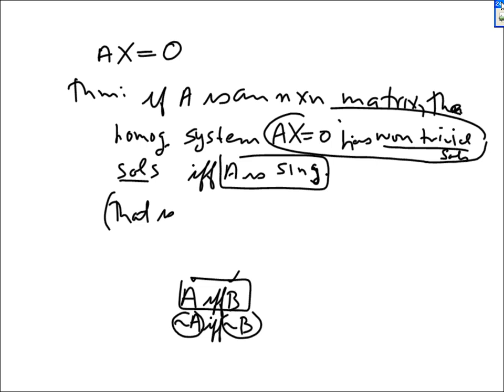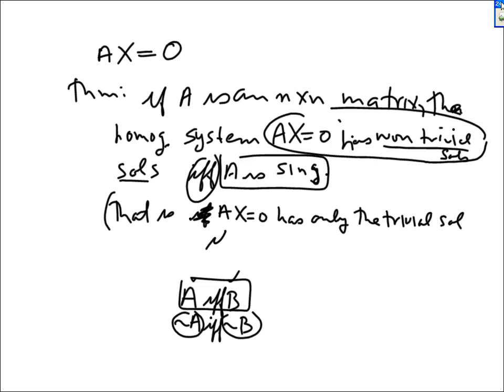I can say that if AX equals 0 doesn't have a non-trivial solution, that is, it has only the trivial solution. Or let me not say if: AX equals 0 has only the trivial solution if and only if A is not singular.